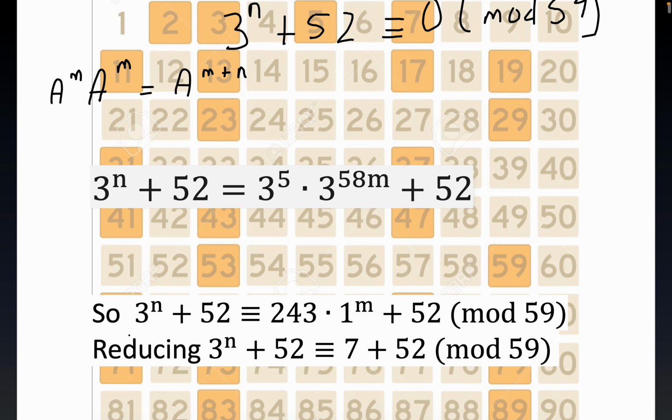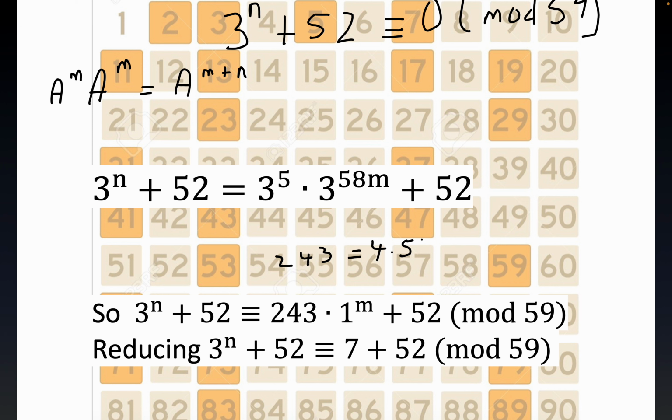Now, 3 to the fifth is 243. That's not a very difficult computation. And when I say reduce, I mean reduce modulo 59. Now notice that 243 is equal to 4 times 59 plus 7.